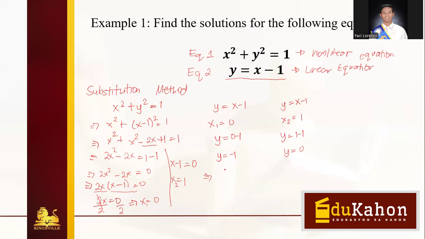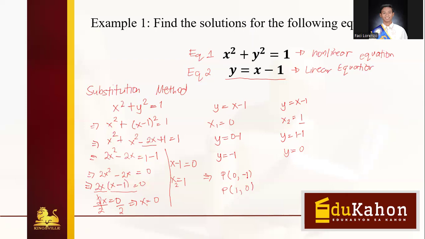So for the nonlinear equations, if x is 0, then we have a value of negative 1. And if x is positive 1, then the value of y is 0, so the point here is 1, 0.